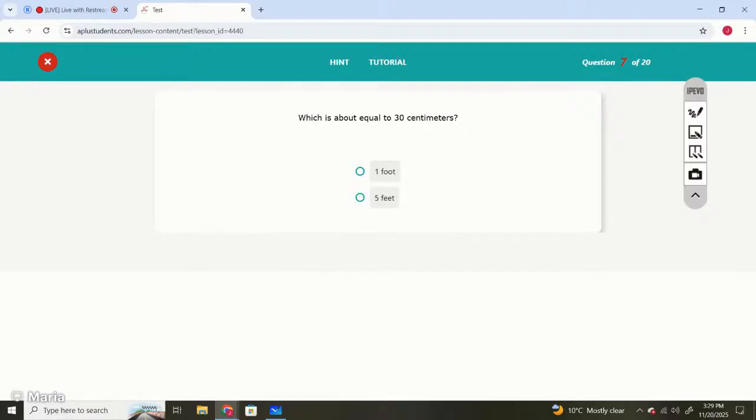Which is about equal to 30 centimeters? So 1 foot equals how many centimeters? That is, 30 centimeters is about equal to 1 foot. Option number 1 is the correct option.